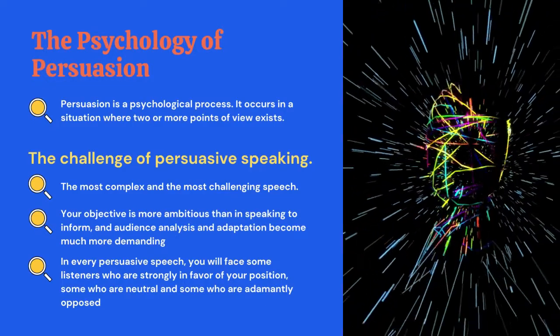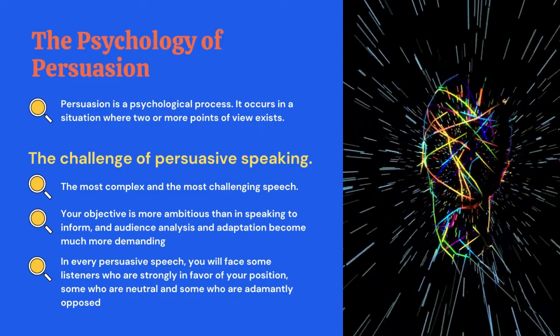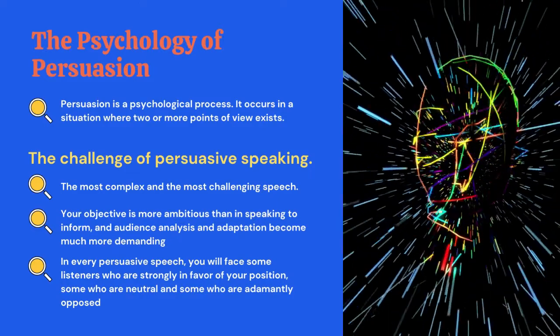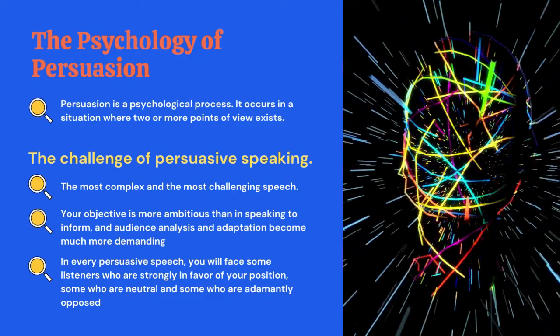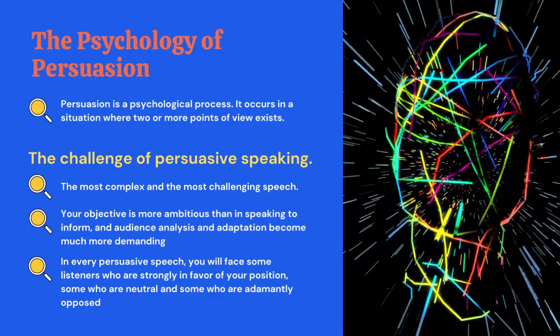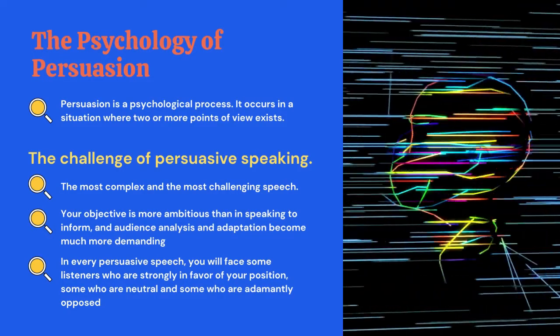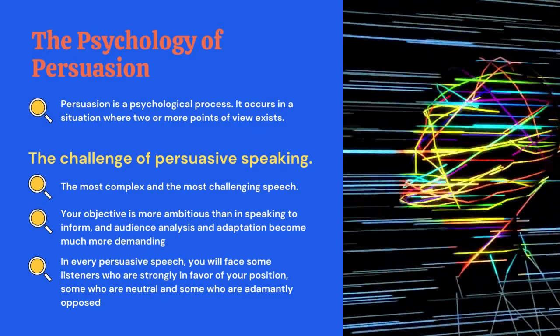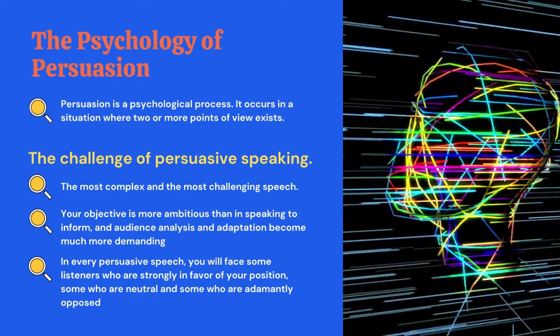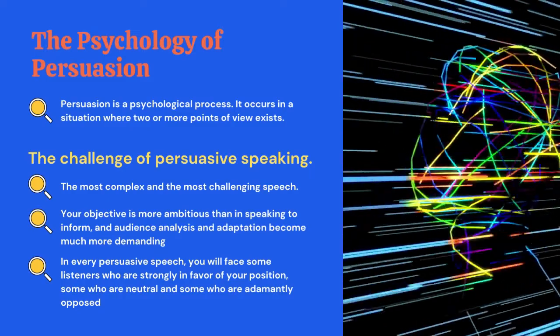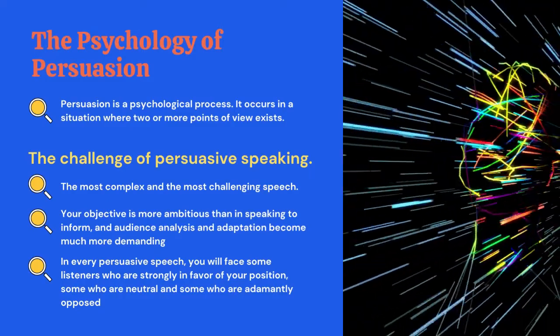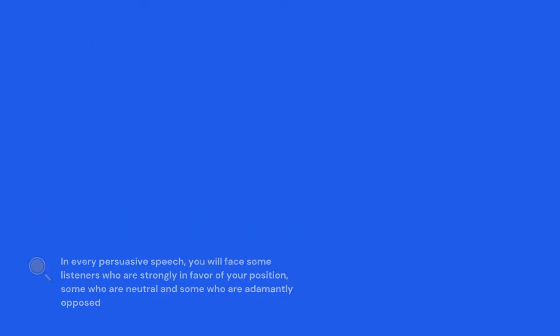In every persuasive speech, you will face some listeners who are strongly in favor of your position, but there will be someone neutral who might be opposed to your ideas. But no worries, in persuasion, everything is for gaining knowledge.